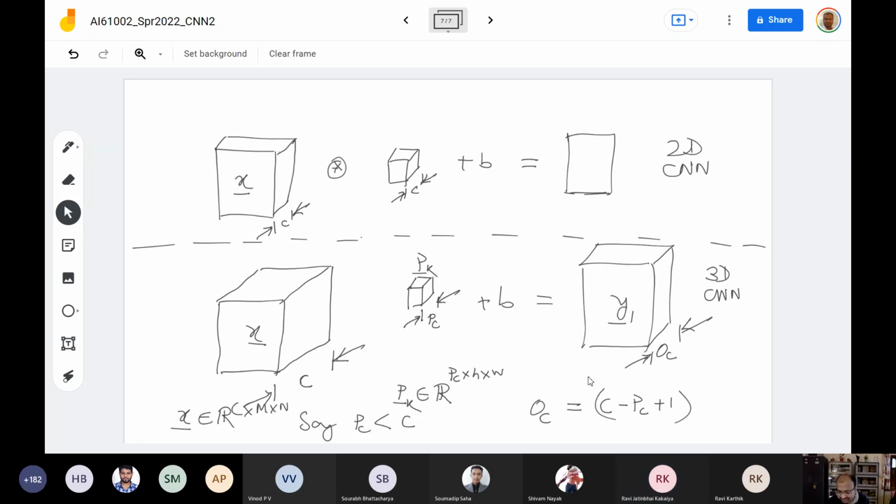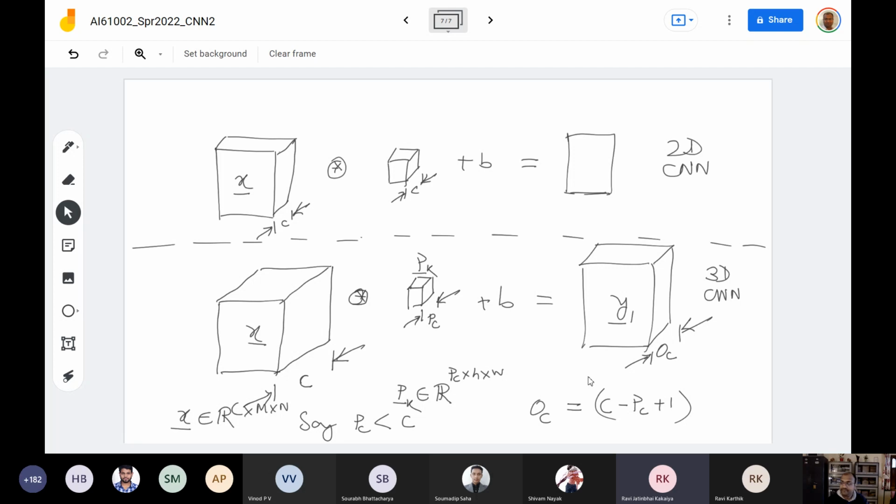Every single neuron will have one bias associated with it. Okay, sir. So it will be added to every scalar element in that convolutional tensor? Yes. Whichever tensor comes out as a result of that convolution, on every single scalar element of that tensor, you will add the same bias.